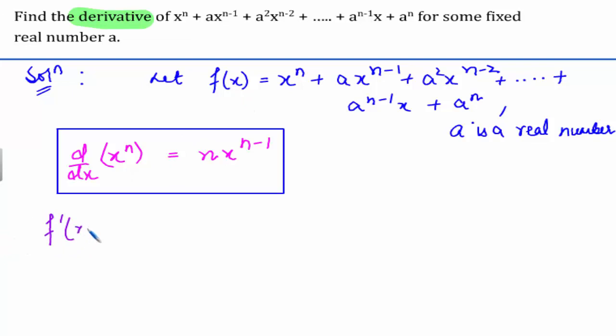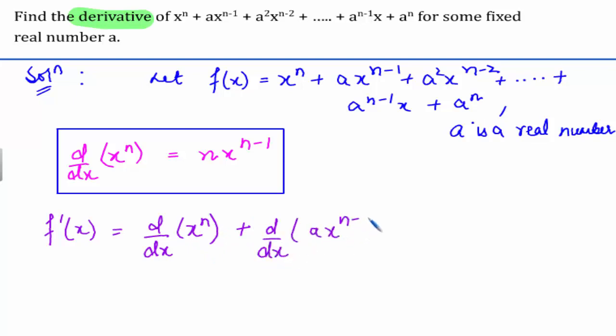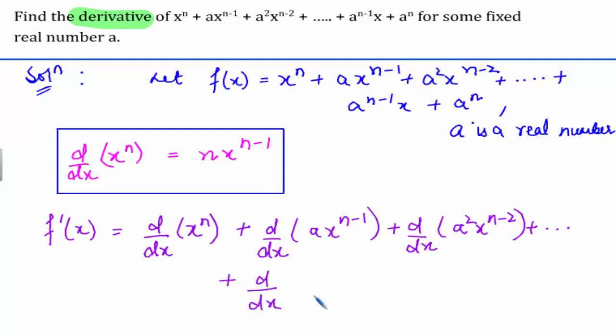Let us first find the derivative of the first term with respect to x plus the derivative of the second term with respect to x, then the derivative of the third term with respect to x, plus so on up to the derivative of the second last term with respect to x, plus the derivative of the last term with respect to x.